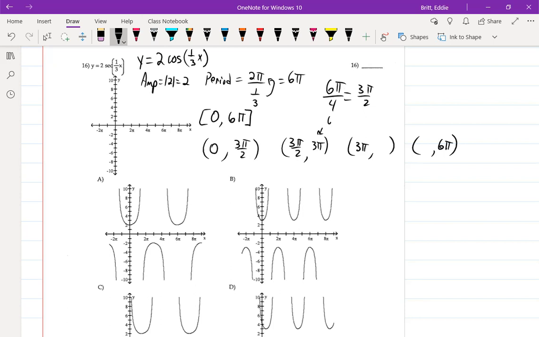Again, we have to add 3 pi over 2 to that again. That would give us 9 pi over 2. And then here's where we can check and make sure we've been adding the fractions right. So that better be 9 pi over 2 plus 3 pi over 2. And it is, because that's 12 pi over 2, which is the same as 6 pi.